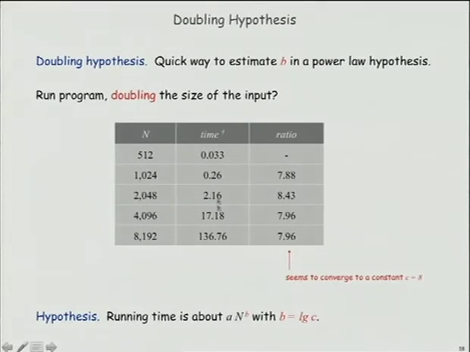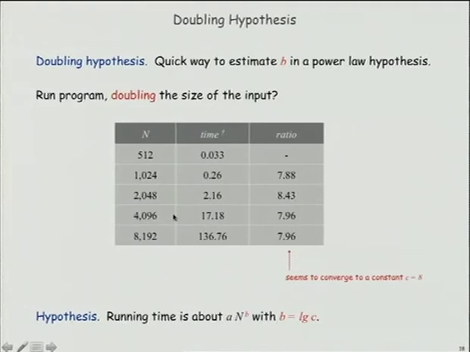By doing that, we would be able to easily calculate this value b that I've just mentioned. So you run it for size n and for size 2n, and then you calculate the ratio between the two.